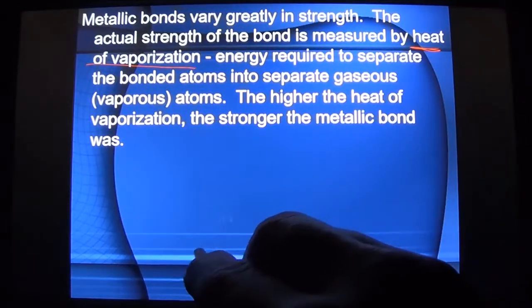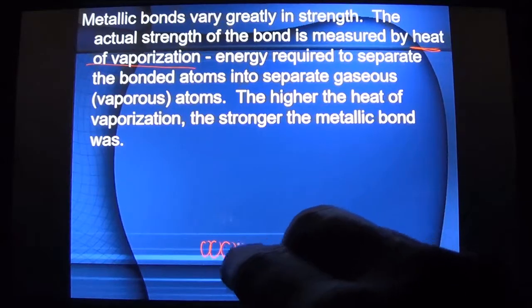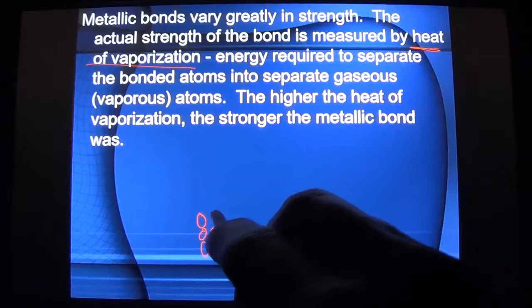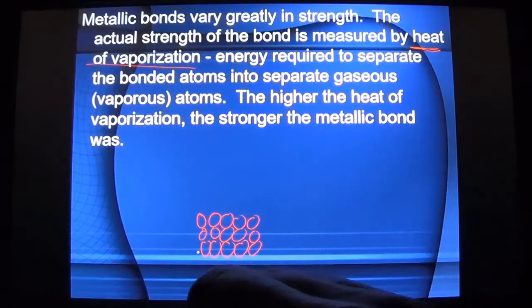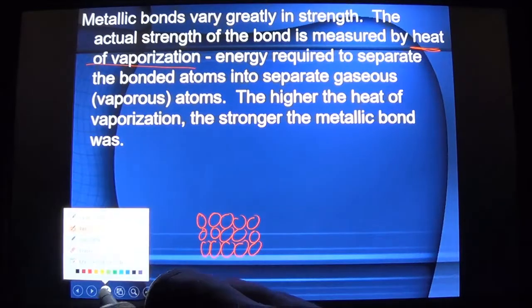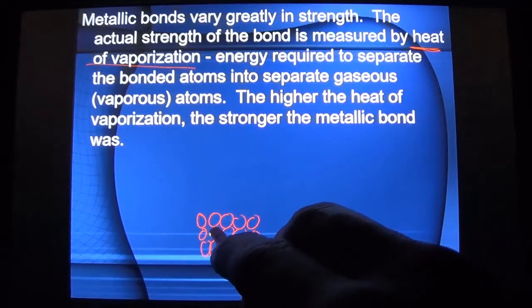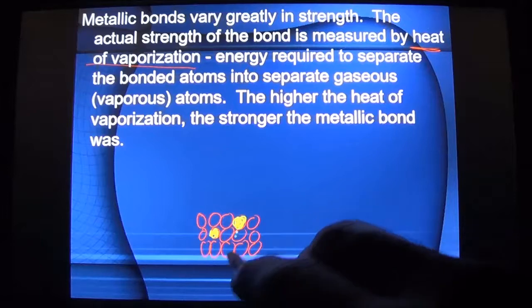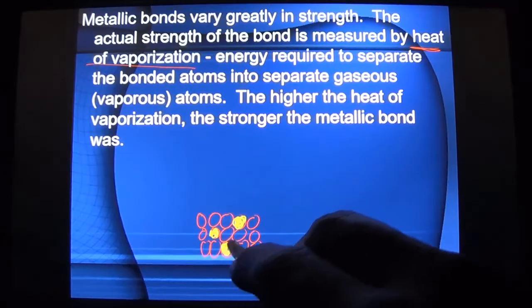Okay, so I take a solid metal, something like this going on, all nice and neatly bonded in that sea of electrons model. And let's say in this case it's two elements. So some are my yellow element here, and some are the red element going on there.